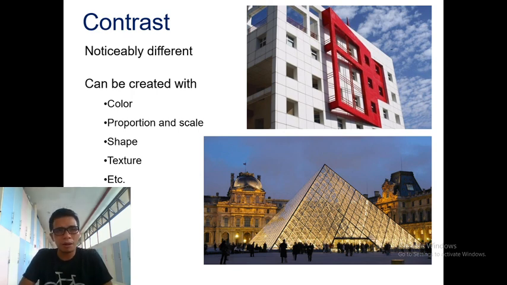Na-notice ninyo sa mga toilets, no, sa mga hotels, syempre naka-tiles, naka-glass, nilalagyan nila ng mga kahit paano mga konting halaman, konting tanim, because it will also break the monotony. Parang nagkakaroon ng buhay yung space. And that is also contrast.